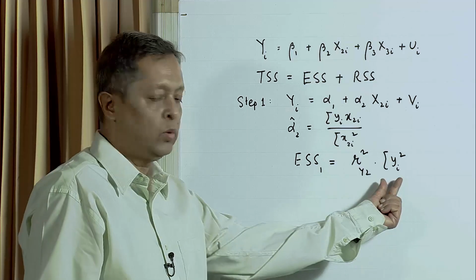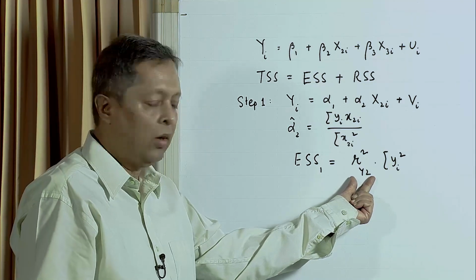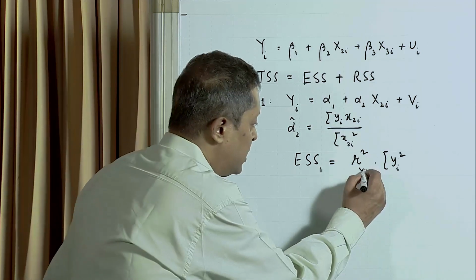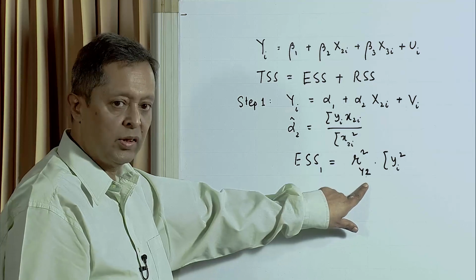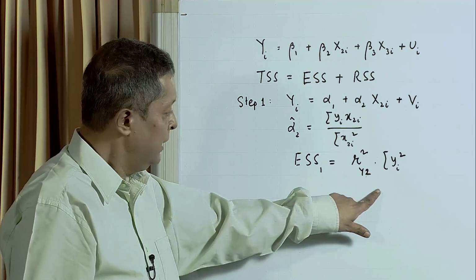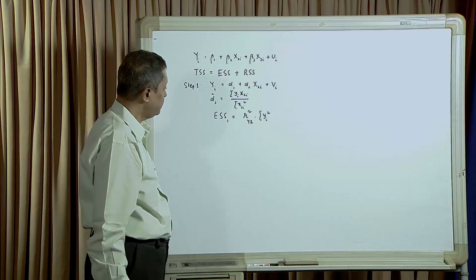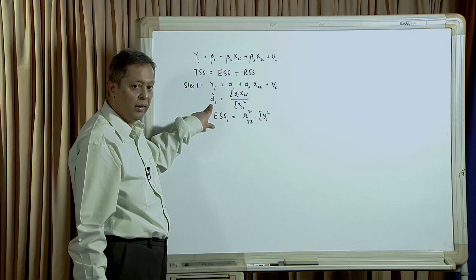That is the total sum of squares, and this r square is the square of the ordinary or simple correlation between the explained variable y and the regressor x2. So, that is in step 1 the explained sum of squares, where this r square will depend on alpha 2 hat.